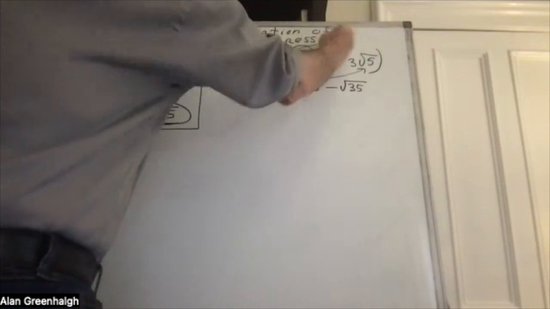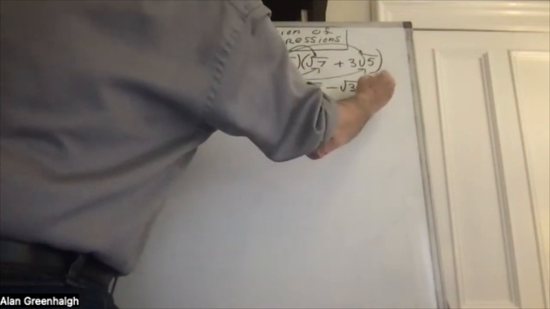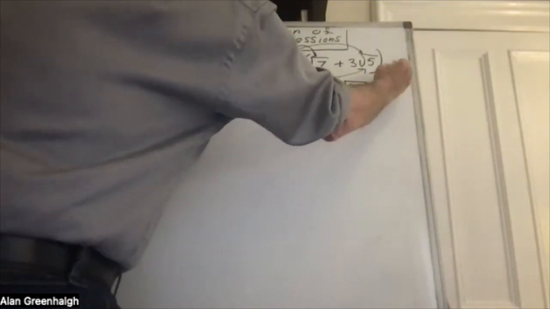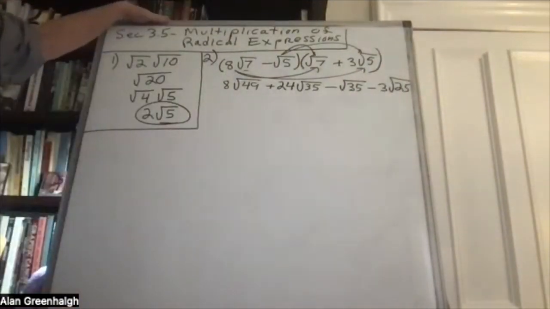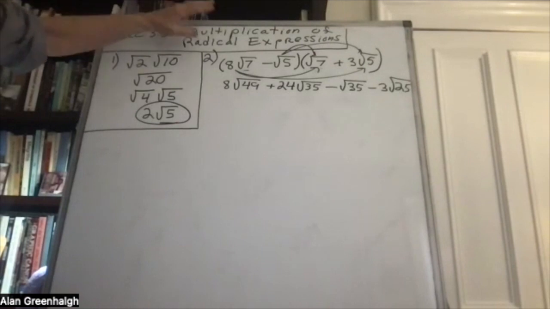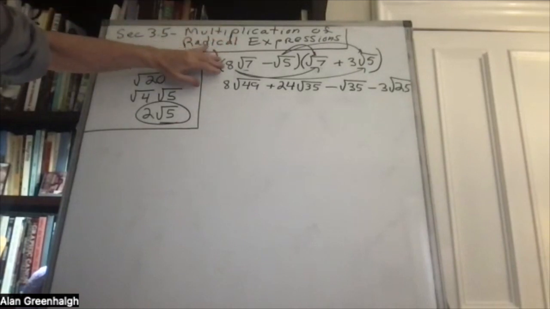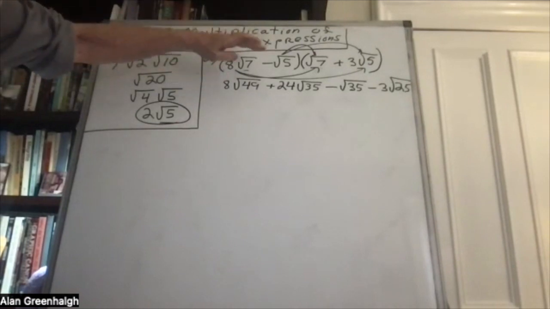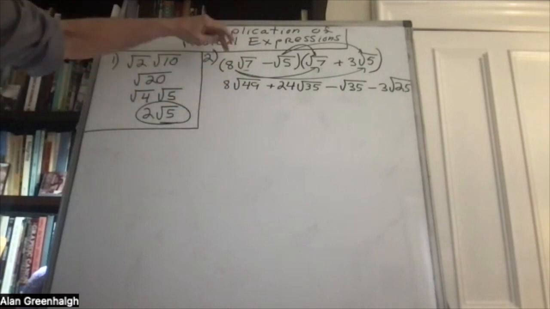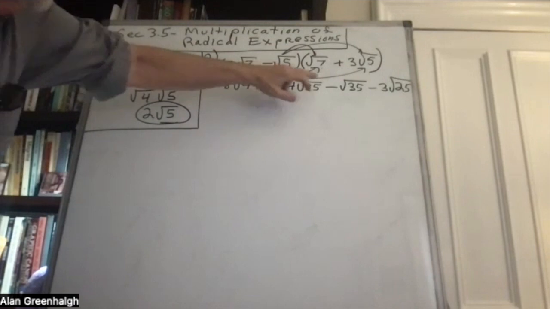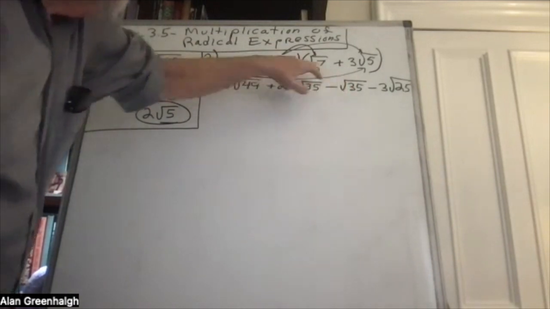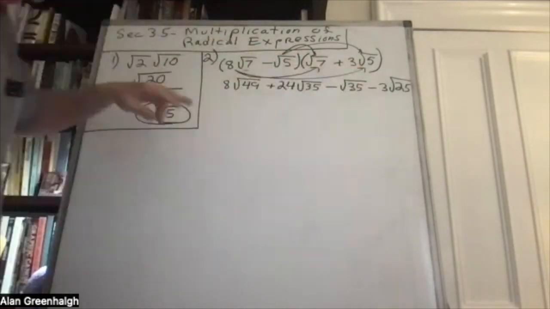And this times this gives you negative 3 times the square root of 25. Now let me just check my own work here. So this times that, yes. This times that, yes. This times that, yes. This times that, yes. Okay.